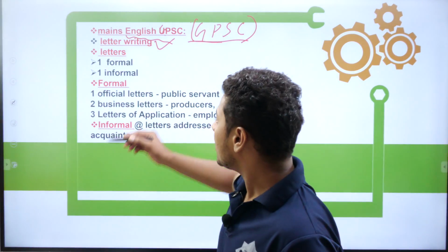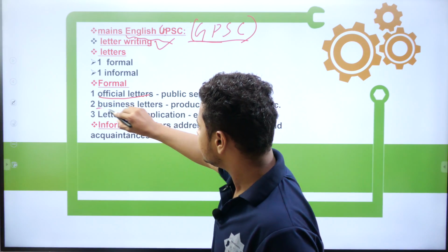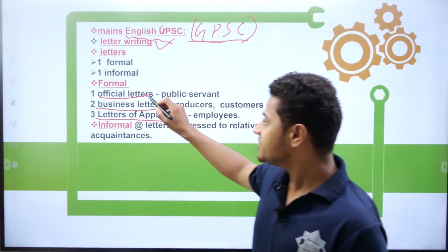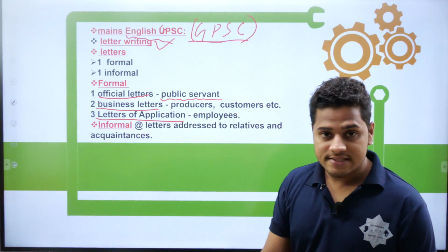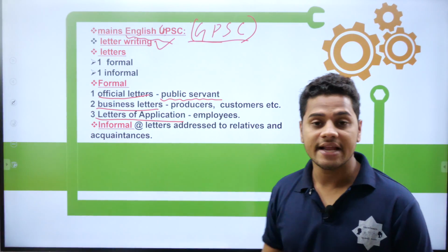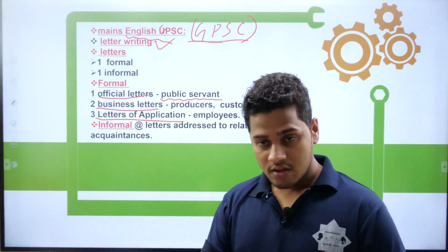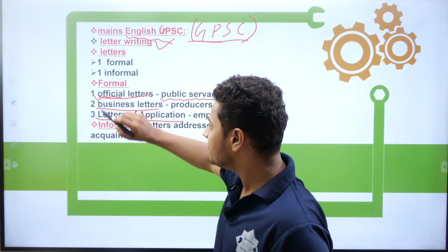Okay, so in the formal letter we could see official letters, business letters and letters of application. Official letters are mostly addressed to a public servant, or any of the institutions; when we are addressing them, that is called an official letter.